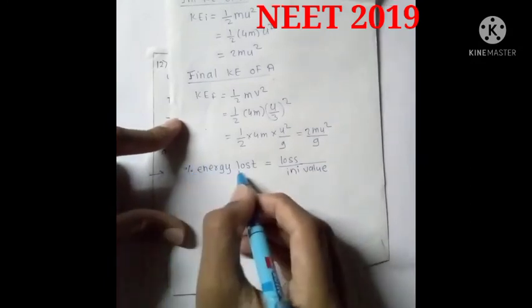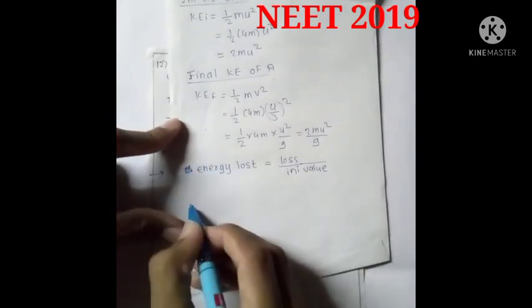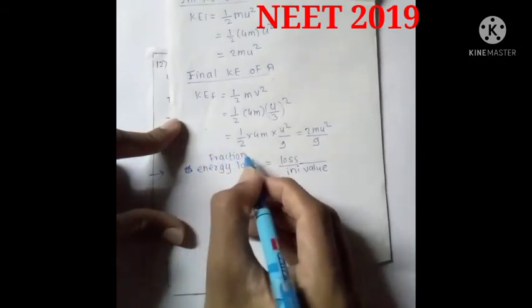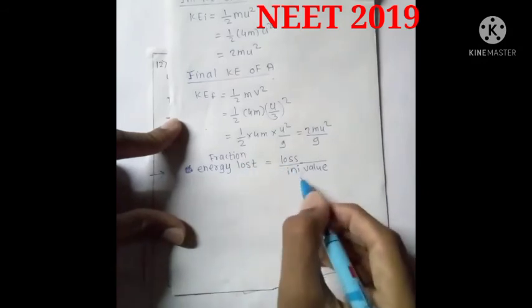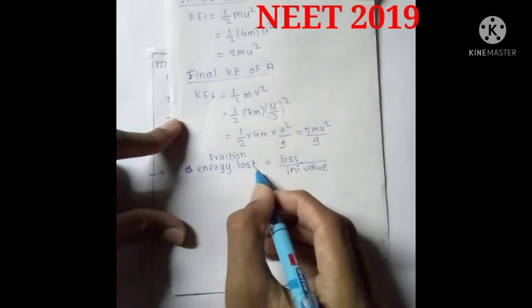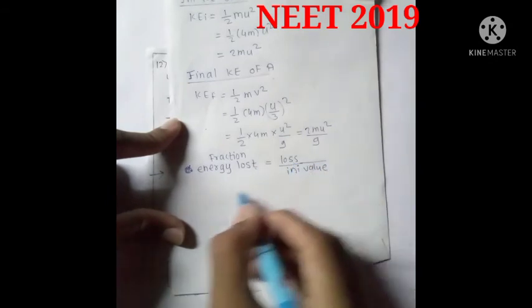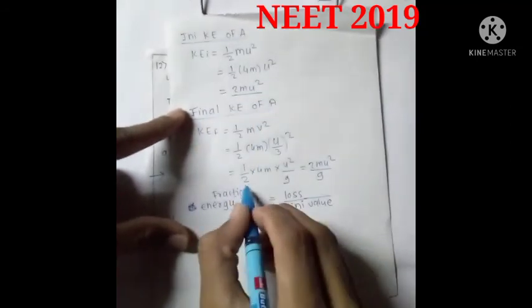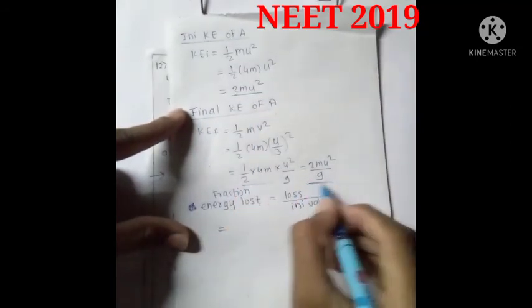We have to calculate fraction of energy loss, not the percentage. If we have to calculate percentage of energy loss, then multiply it with 100. So loss, this is initial value, this is final value.